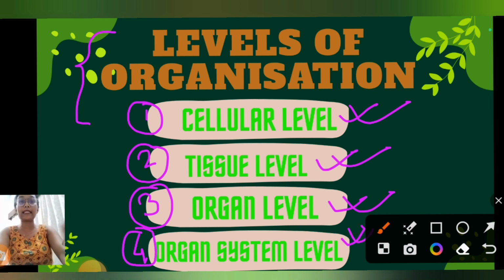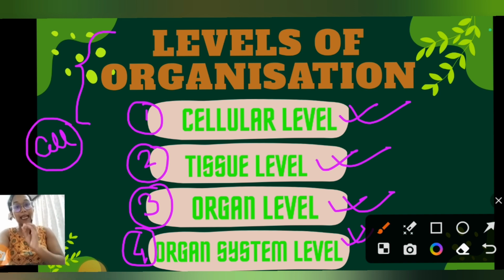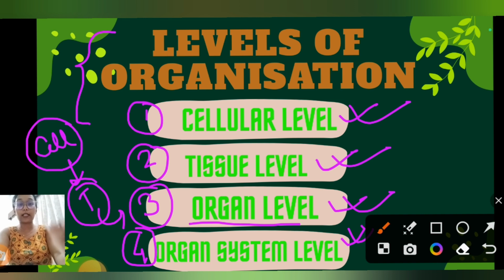Since we know cells are the basic structural and functional unit of life, the first unit is the cell, then all the cells club together to form tissues. When different types of tissues club together to form a particular group, they form an organ, the organ level. Then all the organs club together to form a system, that is called the organ system level. One by one we'll go into details. Levels of organization are of 4 types.